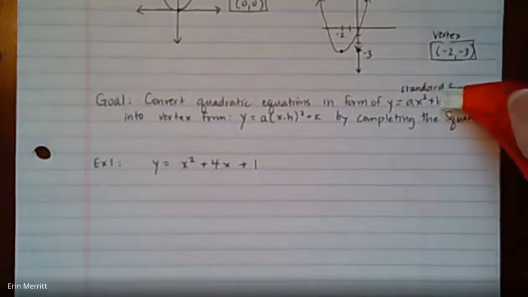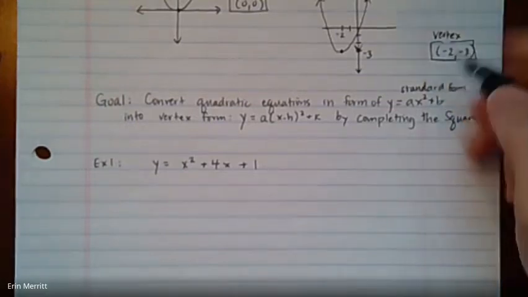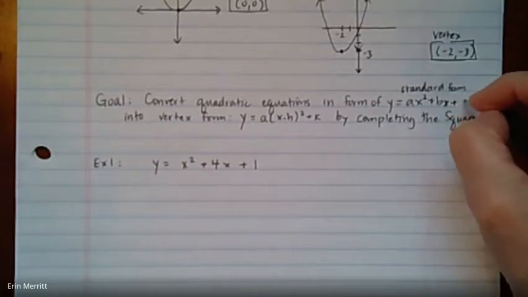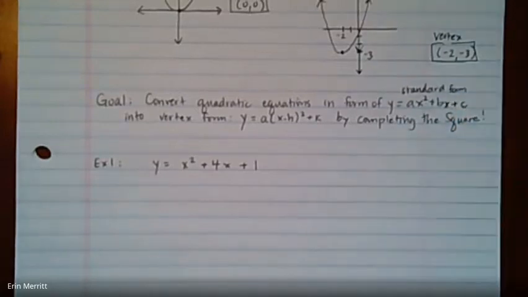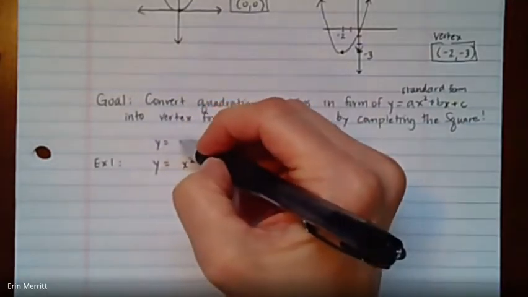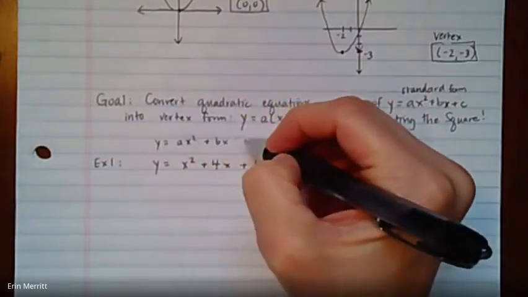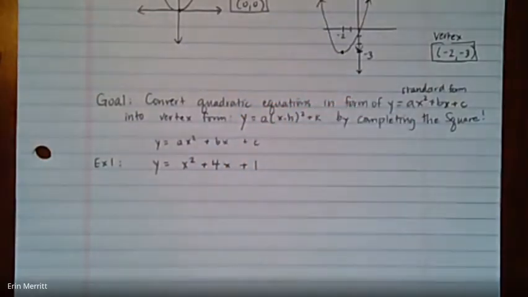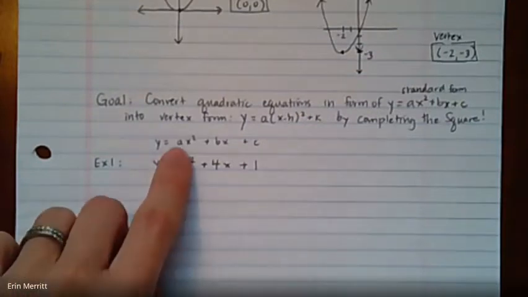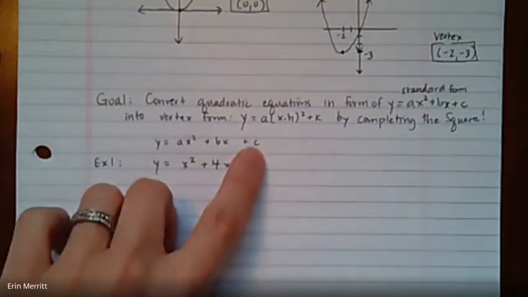This is what happens when I'm at home and there's nobody to tell me that I've missed things. There we go. Bx plus c. That's important. So this is in the form of y equals ax squared plus bx plus c. Right now, the a is 1, the b is 4, the c is 1.